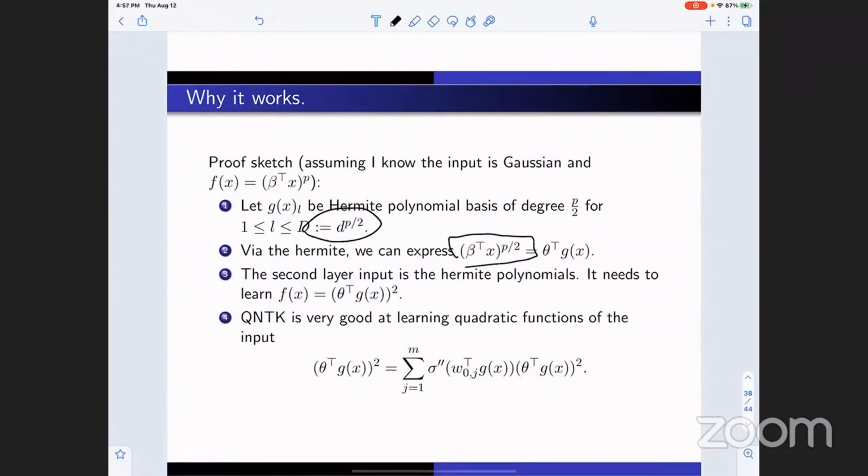Then you can express any beta dot x to p over 2 as linear in the Hermites. And then these go into the next layer, the final hidden layer. And the final hidden layer is going to learn something similar. It's going to just learn to square these, which you should think of as quadratic activations. So the one thing that universally we know how to do computationally efficiently and statistically efficiently is quadratic activations, matrix sensing. And this needs almost no assumptions on data.